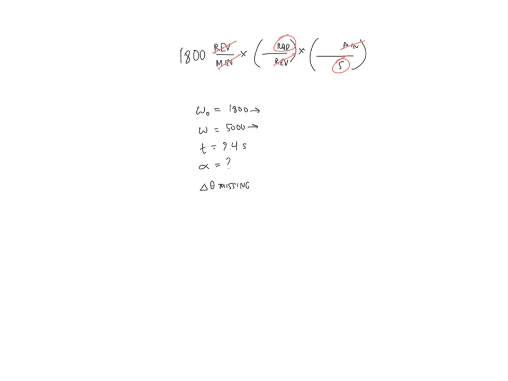For part D, calculate the number of revolutions the crankshaft makes during that 2.4 second time interval. So I would go to the original three pieces of data that were given, these three right here. Don't use the alpha you just calculated, just in case you happen to get that wrong. And now you want to solve for the delta theta. So delta theta is your unknown item, and you want to use the rotational kinematics equation in which alpha is missing, which is going to be that second one on the list.